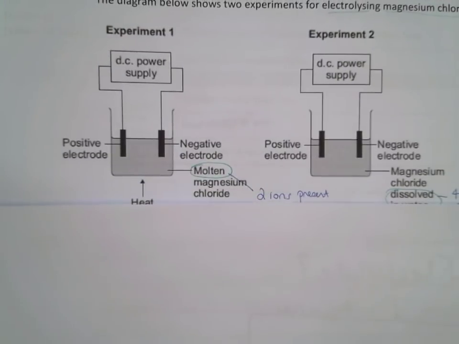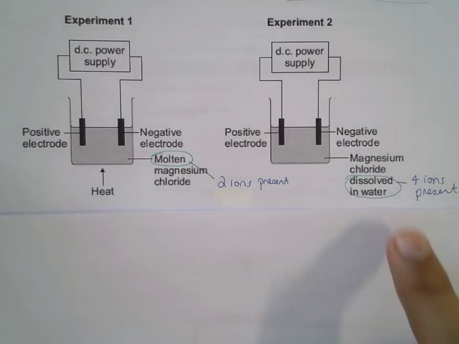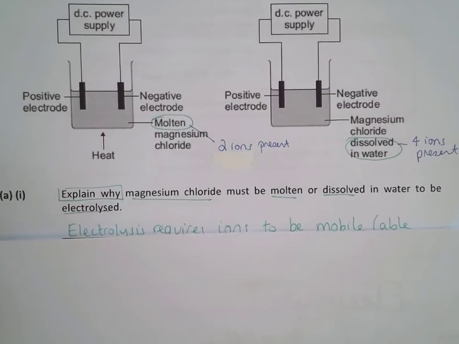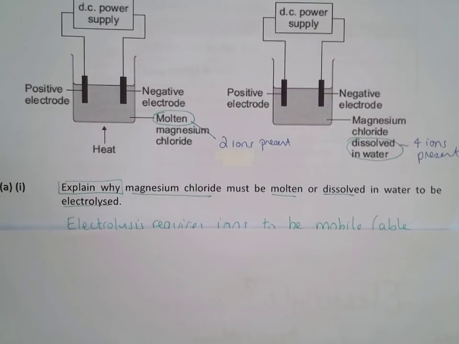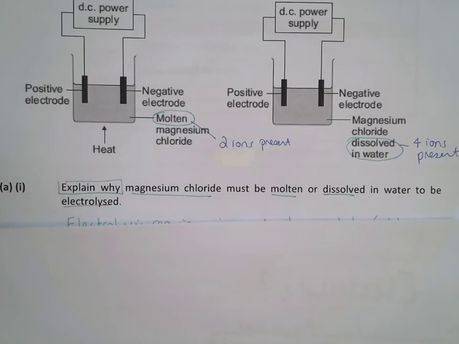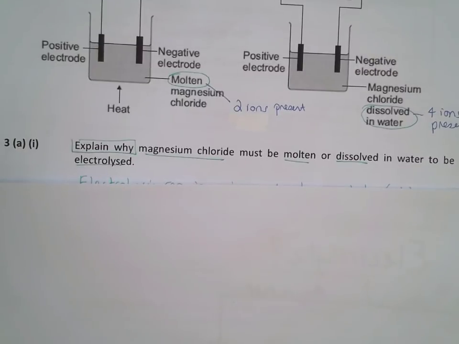Question 3 is another electrolysis question about magnesium chloride. There are two experiments here, one with molten and one with dissolved magnesium chloride. The first question is about why it must be molten or dissolved to be electrolyzed. Well, we know that when it's solid, the ions are not free to move, so it cannot conduct electricity, which is essential for electrolysis.